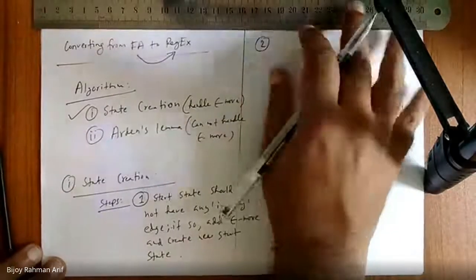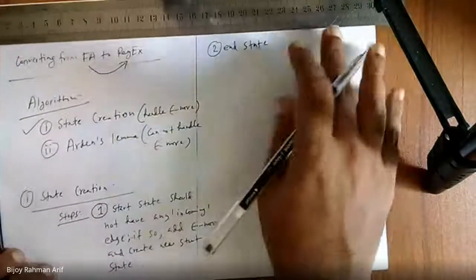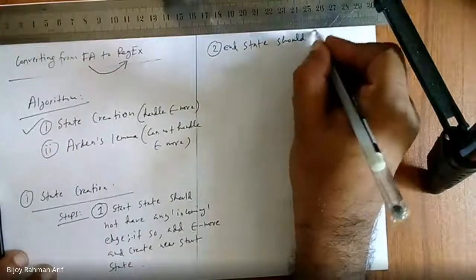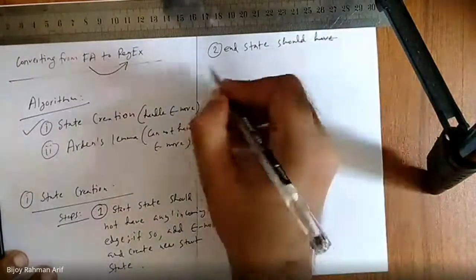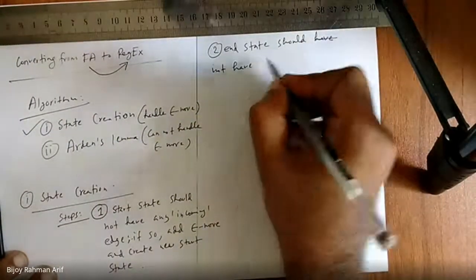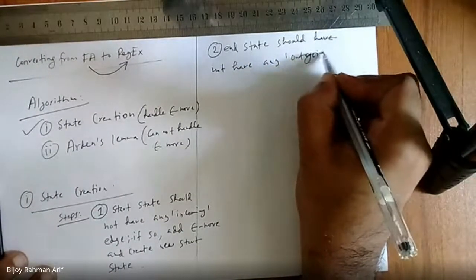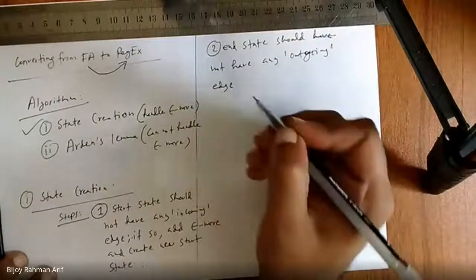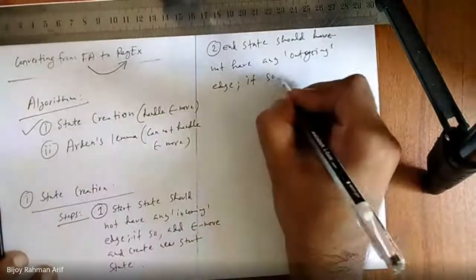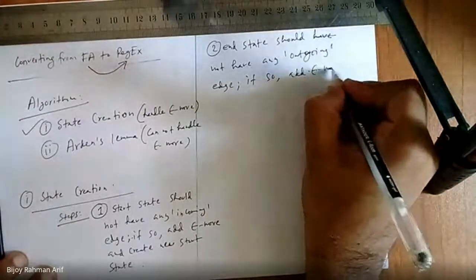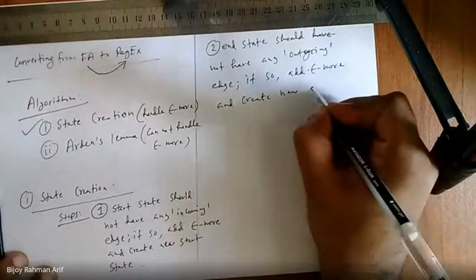Number 2: end state should not have any outgoing edge. If so, add epsilon move and create a new end state.